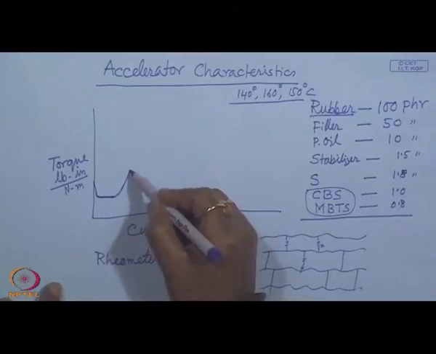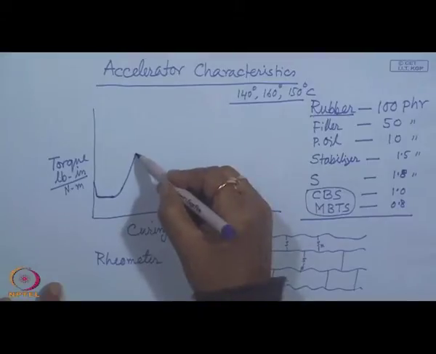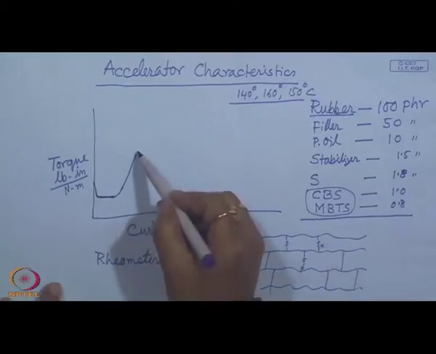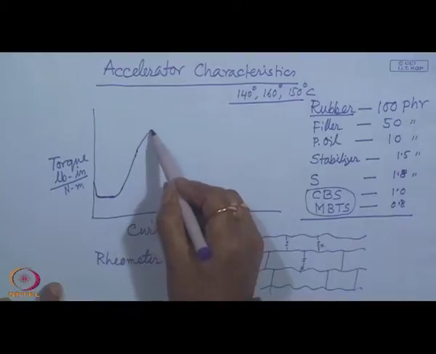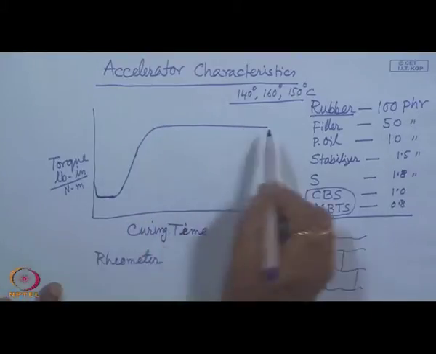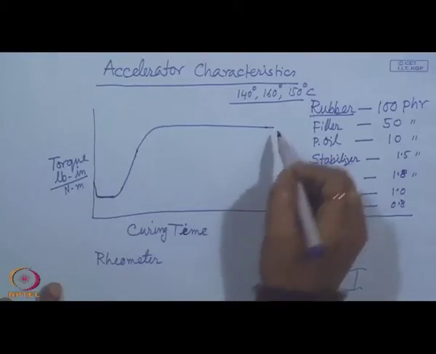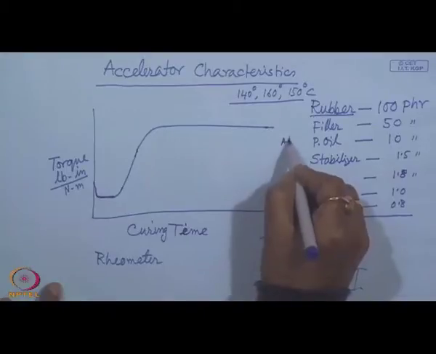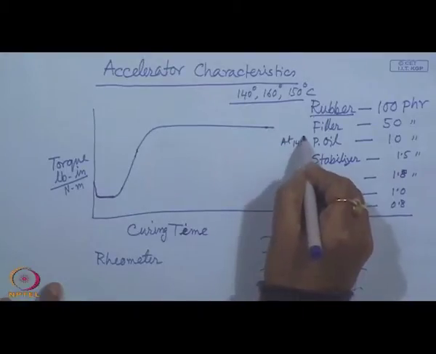This rising torque happens due to the introduction of cross-link bonds in between the rubber molecules, and ultimately it gives this kind of torque profile with time at, say for example, 140 degree Celsius temperature.